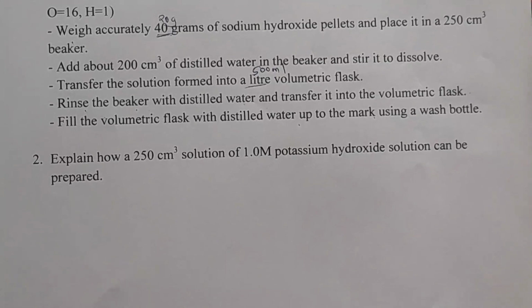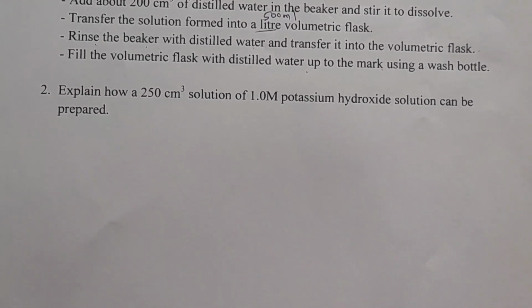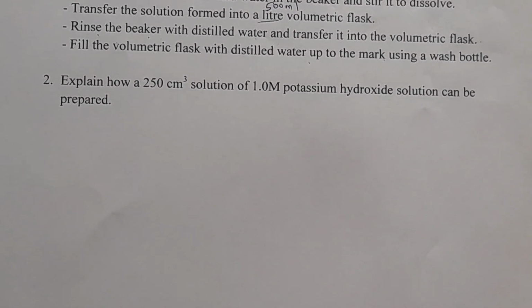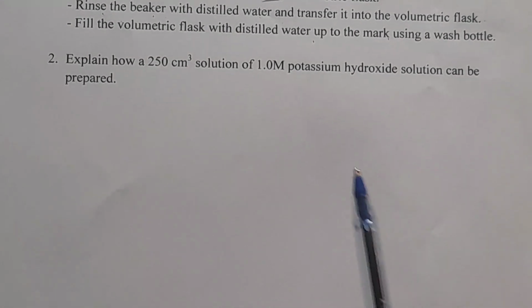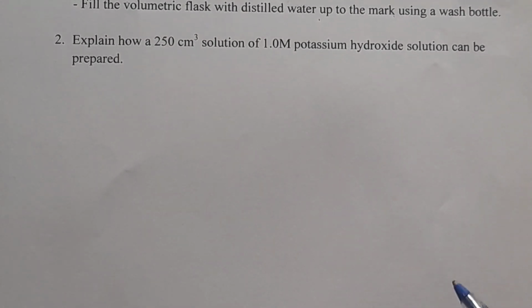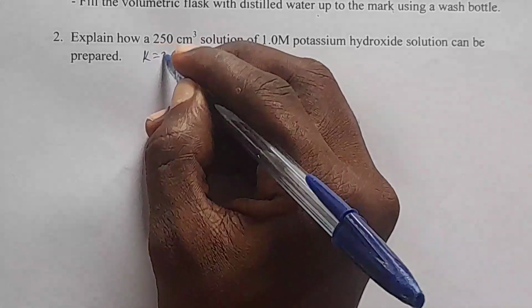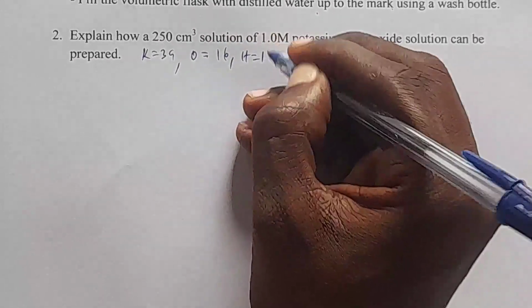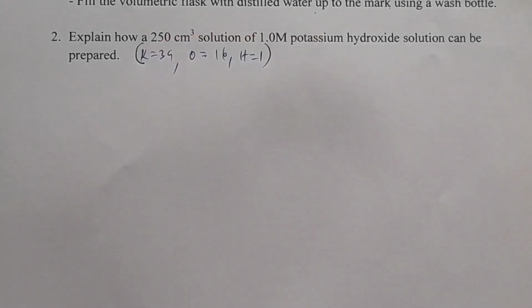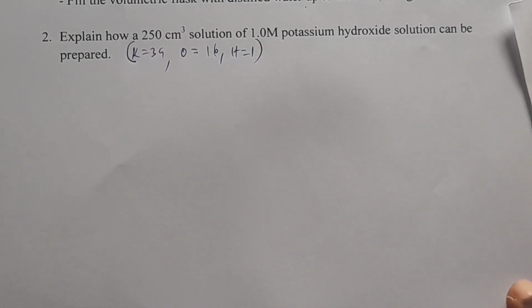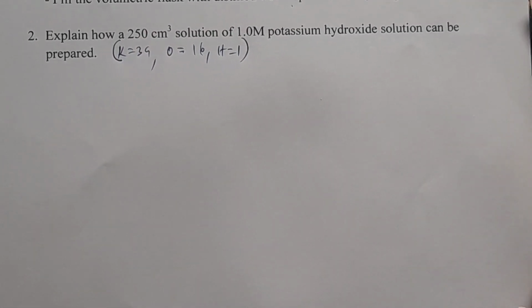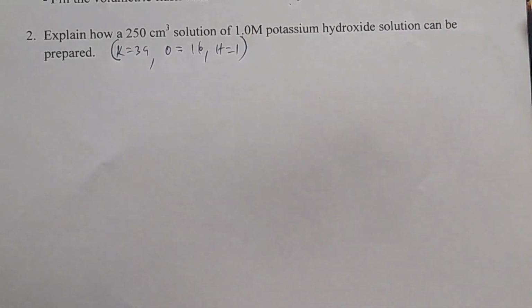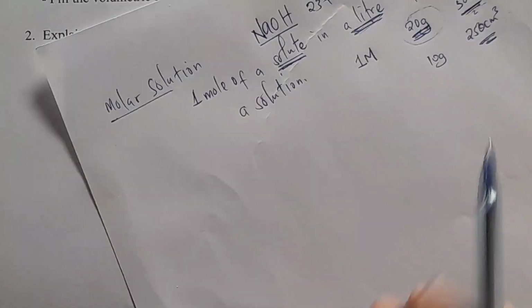Okay, question 2. We are told: explain how a 250 solution of 1.0 mole potassium hydroxide can be prepared. So we have here K, which is 39, oxygen, which is 16, and hydrogen, which is 1. What is the mass of solute of that potassium hydroxide that we are going to have with 1 mole?